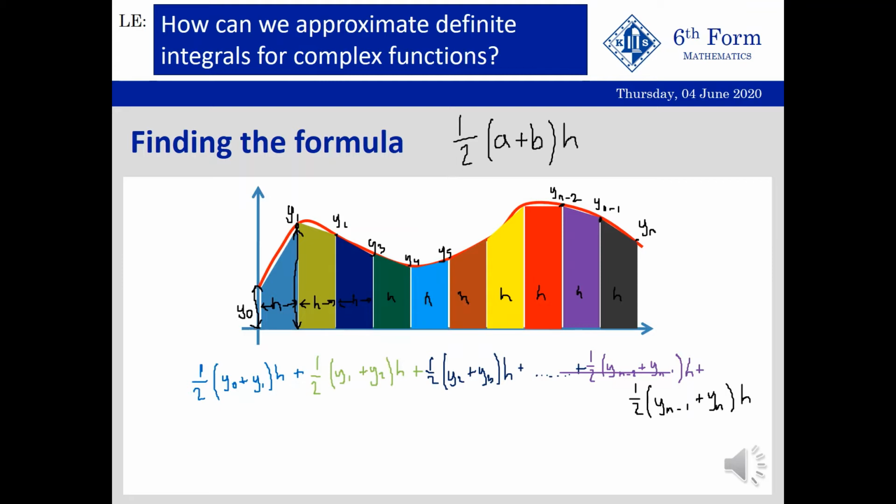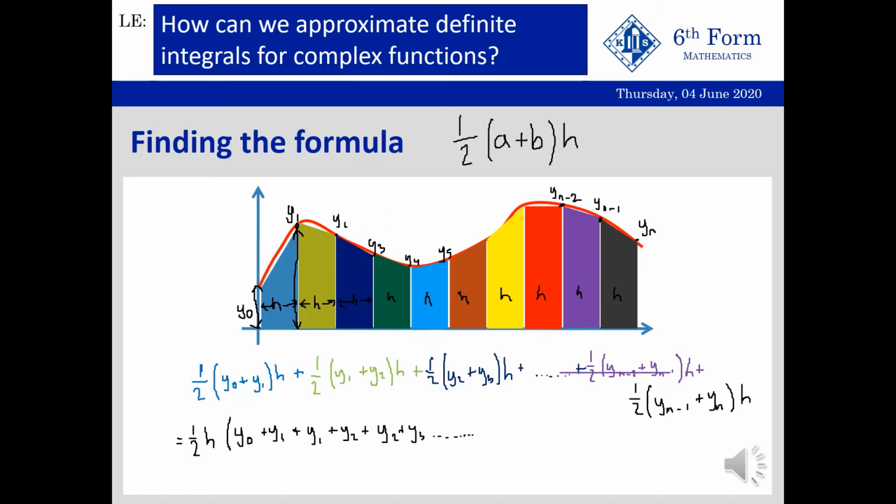So if we consider all these, we can actually take out a half h as a factor because that is in every single term that we've got for every trapezium. So then in our brackets, from the first one, y0 plus y1. From the second one, y1 plus y2. From the next one, y2 plus y3.